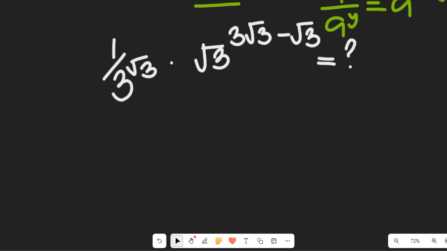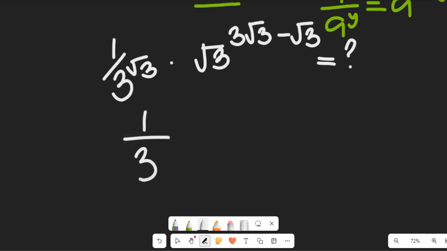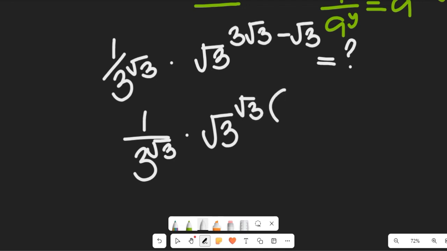We are going to simplify the other side of the expression. 1 divided by 3 to the power of root 3 multiplied by root 3 to the power of root 3 is common, right? So I will bring out root 3. Root 3 times, divided by root 3, will give us 3 minus root 3 divided by root 3.